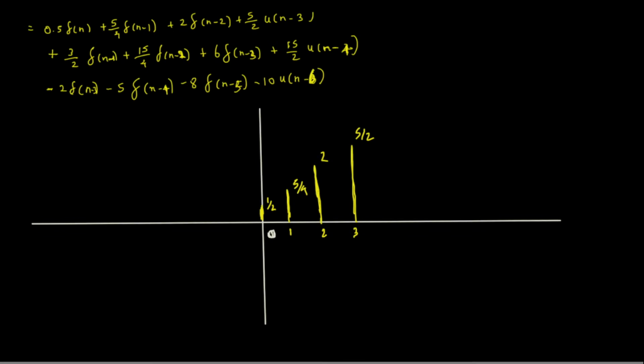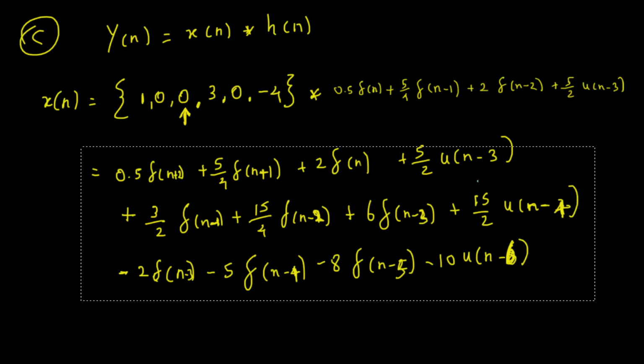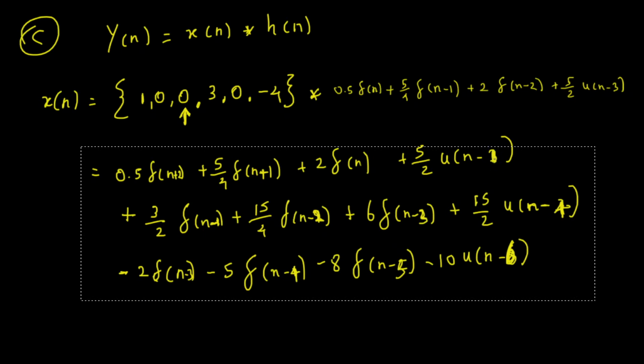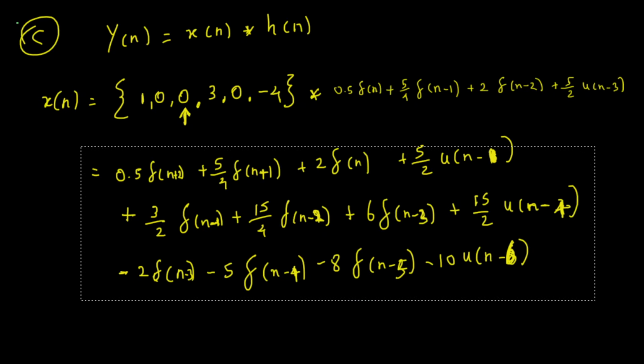Yeah, when I did the convolution, I think I made a mistake. I didn't consider this location as well. This is like 2 locations to the left. So for this one, we have to add 2 each time. Which means this is plus 2 here, and this one, if I add minus 1 plus 2, is plus 1, and this is going to be 0. So delta of n, and this, if I add plus 2, is 1. Okay, I didn't consider the first point, so it's going to be different. So I copy again.